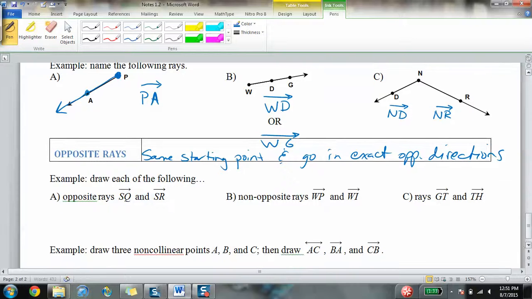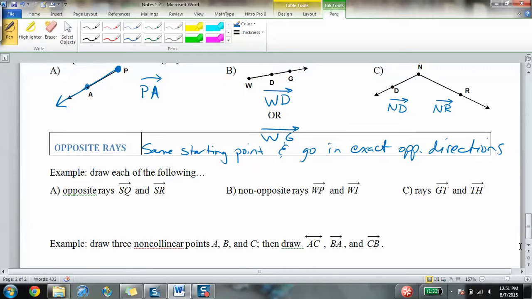An example of what I'm talking about: it says draw each of the following opposite rays, SQ and SR. We can see that both of these rays are starting at point S, so I'm going to draw a point S right here. SQ would mean a ray going one way, and SR, if these are opposite rays, I have to go the exact opposite way and draw ray SR.